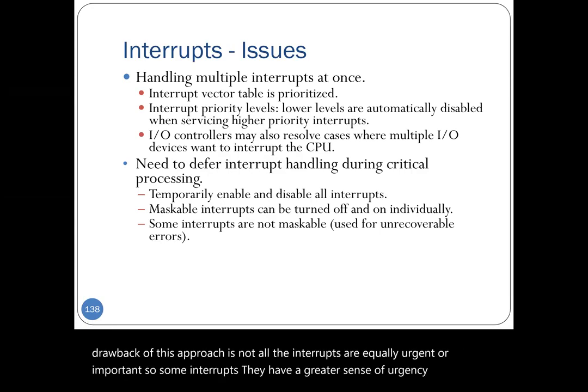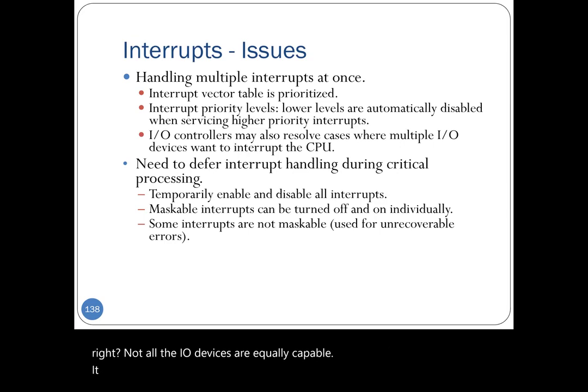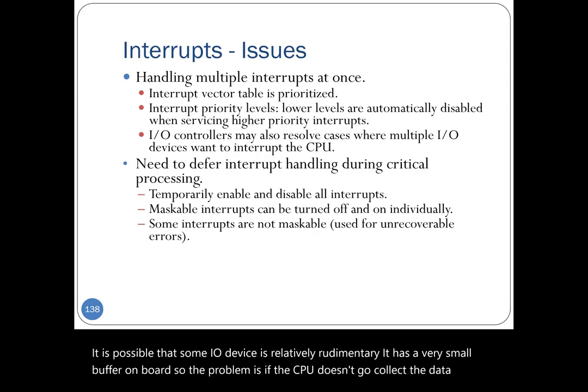The reason for this is, for example, that most interrupts are coming from IO devices, and not all IO devices are equally capable. It is possible that some IO device is relatively rudimentary. It has a very small buffer on board. So the problem is, if the CPU doesn't go collect the data from this IO device quickly, this data may get lost.